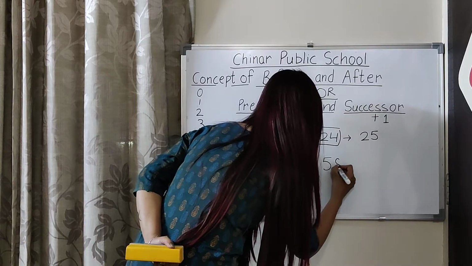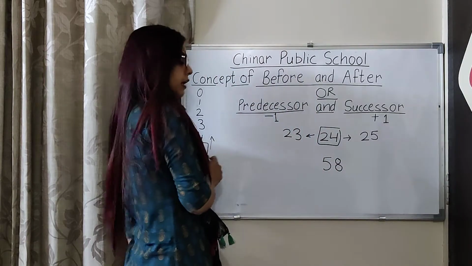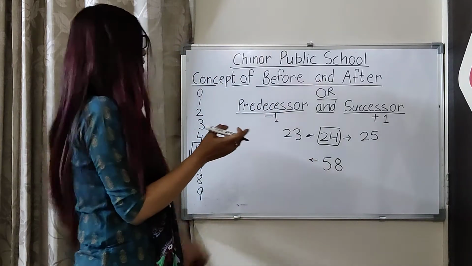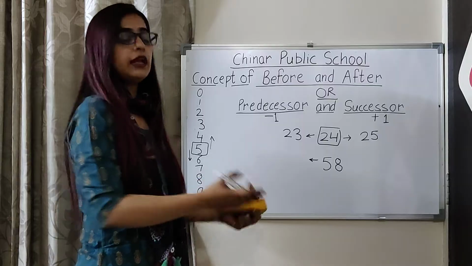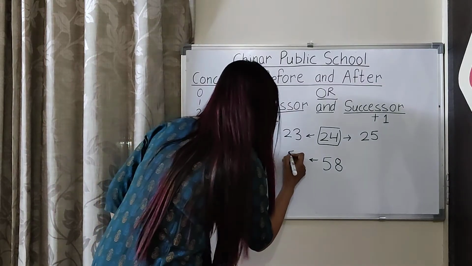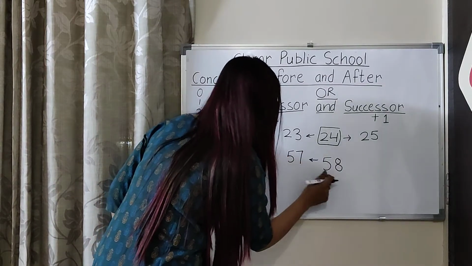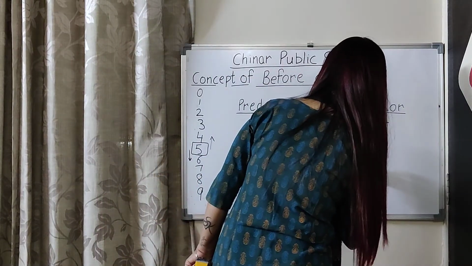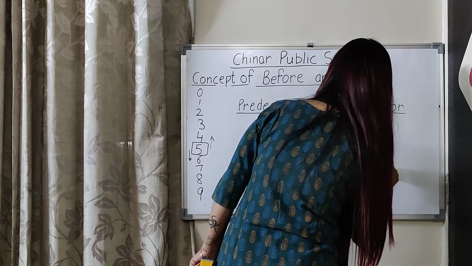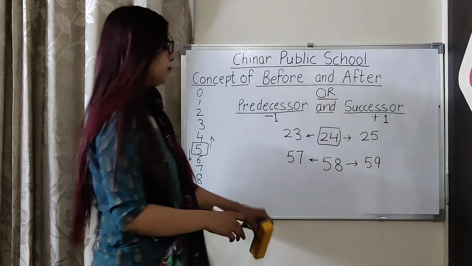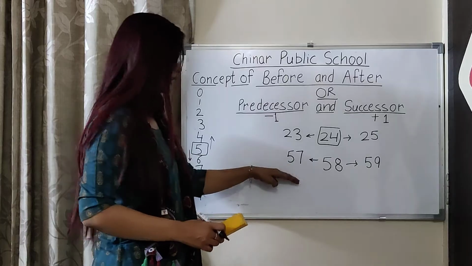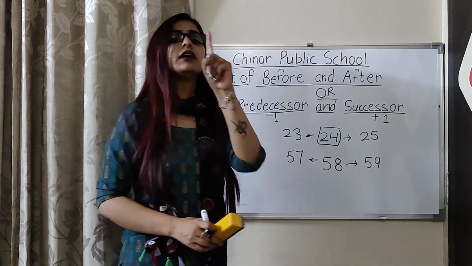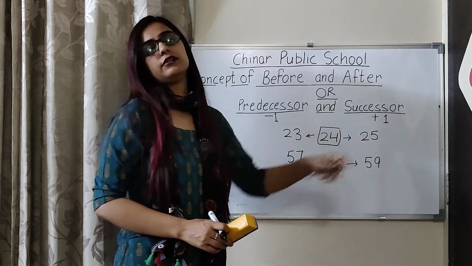So here the number 58. If I have to calculate the predecessor of 58, I will minus 1. So the number will be 57. And the successor will be 59. So 57 is 1 less than 58, and 59 is 1 more than 58.